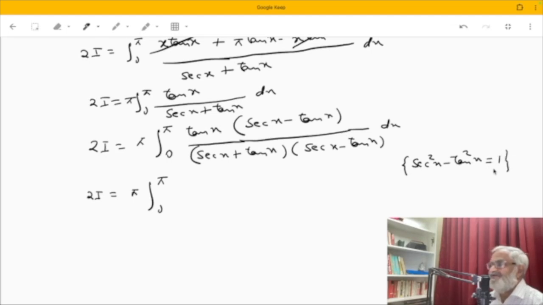So our denominator becomes 1. Now open the bracket in the numerator: tan x into sec x minus tan square x, and the denominator is 1.